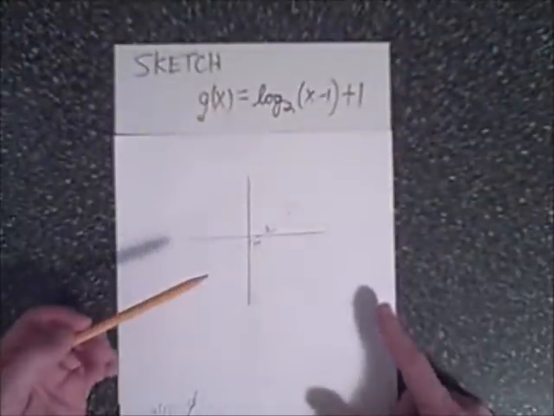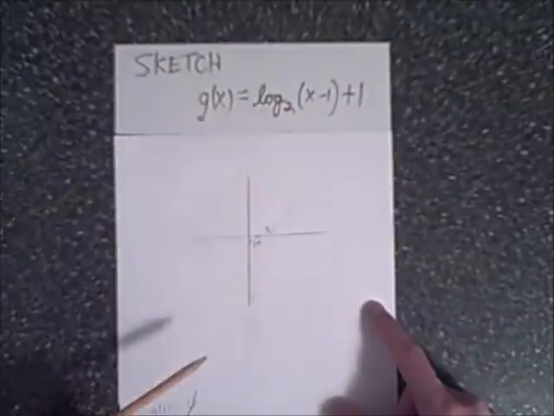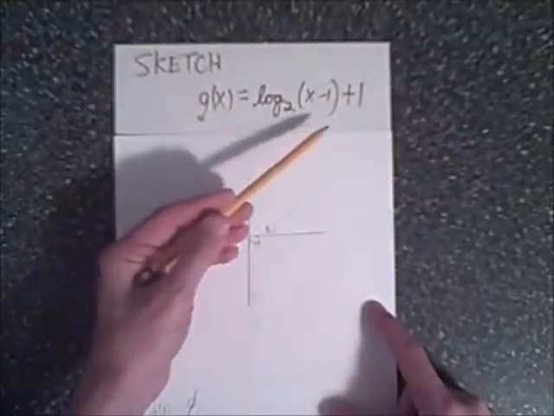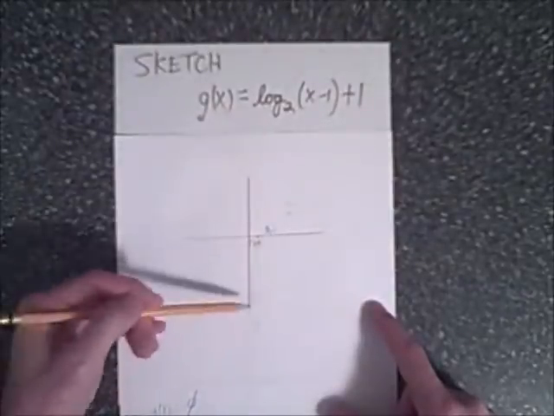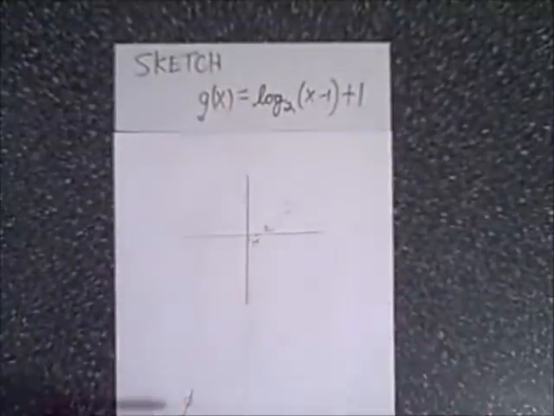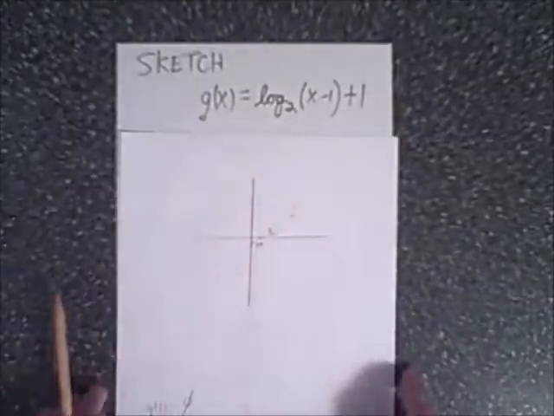Once we've got our parent function taken care of, log base 2 of x, let's go back to our original one. It's g of x equals log base 2 of x minus 1 plus 1. I even lightly sketched our parent function of log base 2 of x, just using the reference points. And again, we want to shift it up 1 and to the right 1.